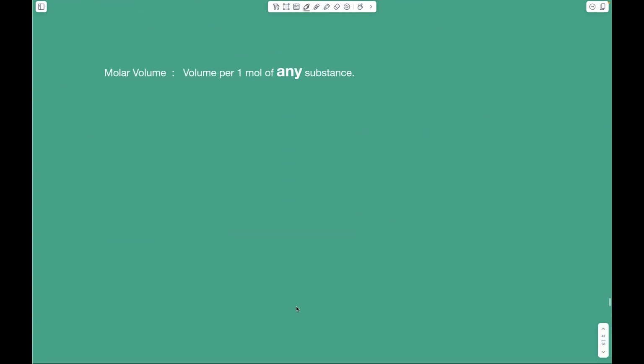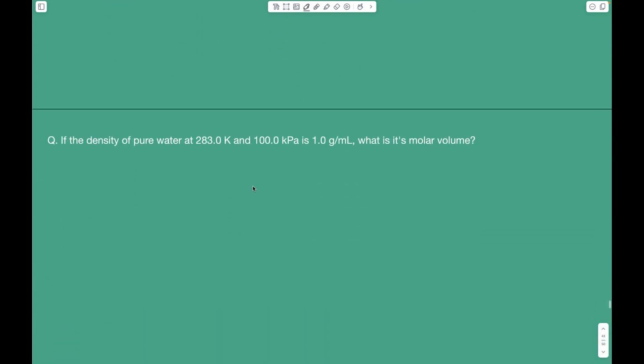Now let us work out some examples. If the density of pure water at this temperature and pressure is this, then what is its molar volume? Molar volume is the ratio between its molar mass and its density. What is the molar mass of water?